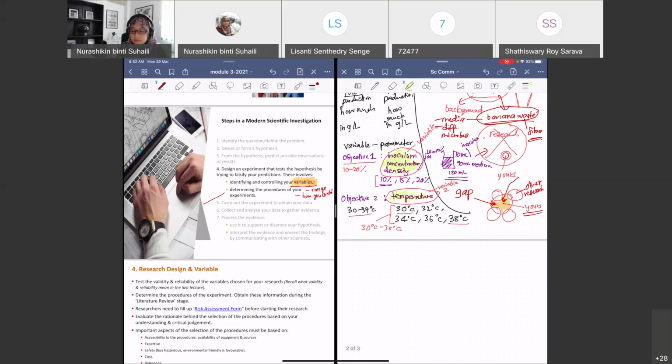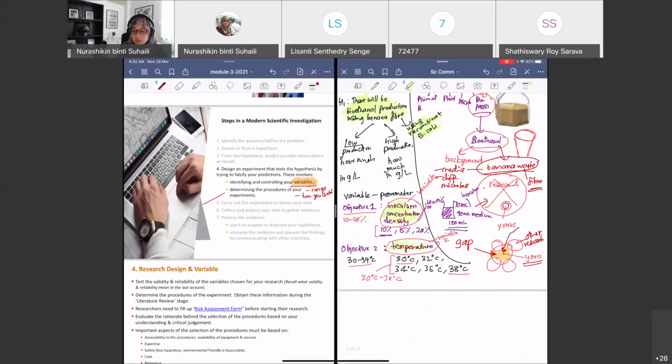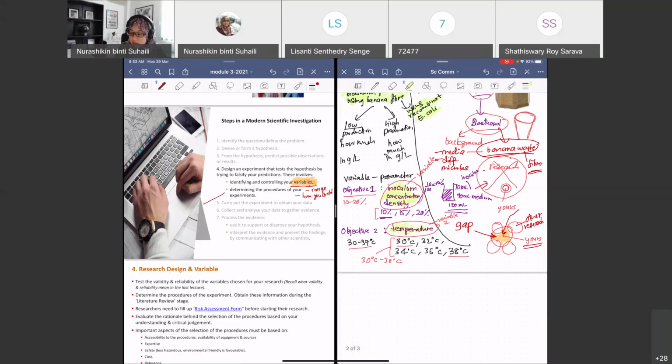For example, E. coli is not really a natural strain that produces bioethanol, but when it is genetically modified, the gene that can produce bioethanol is inserted into the E. coli, so that it can produce ethanol when it metabolizes certain food. So that's how it can do the work. That is just some background about recombinant things.